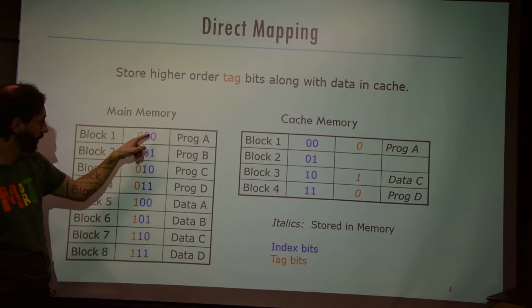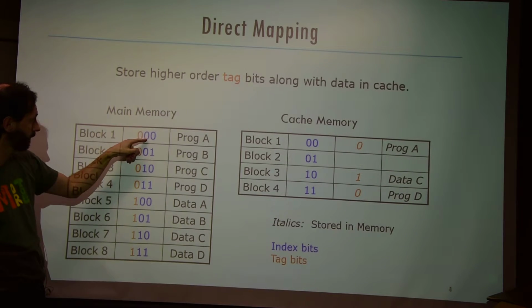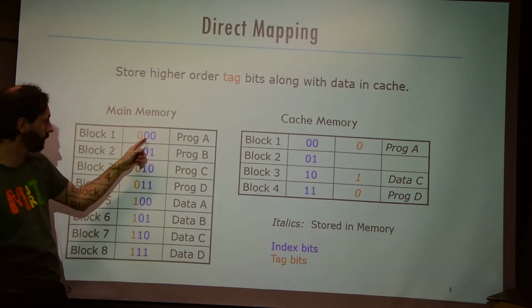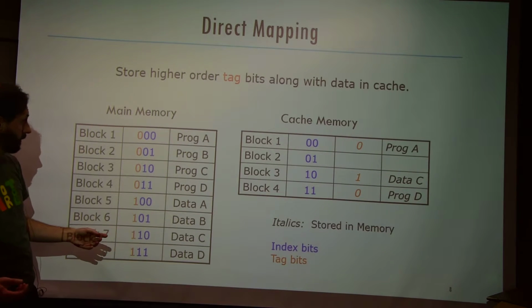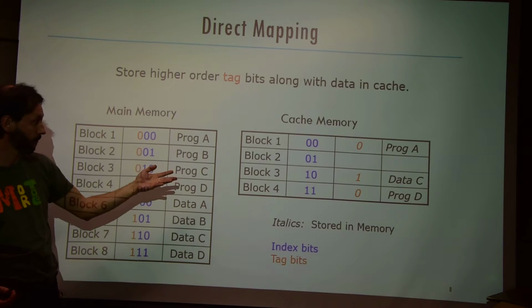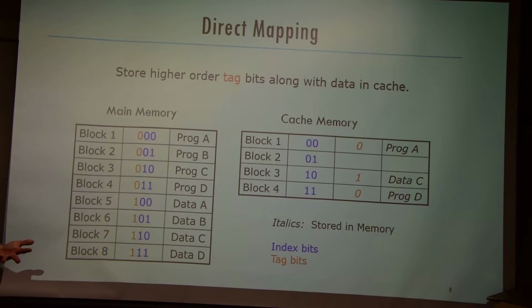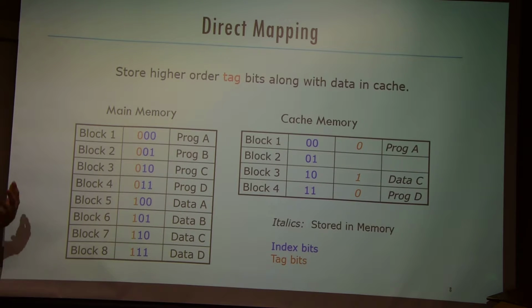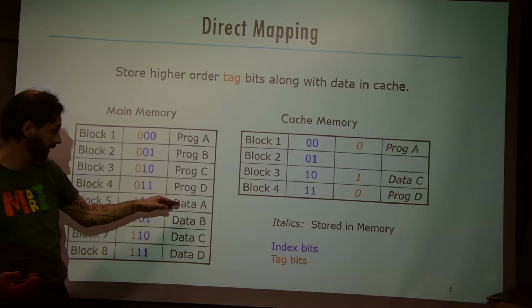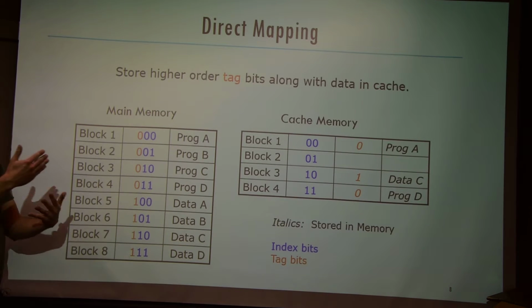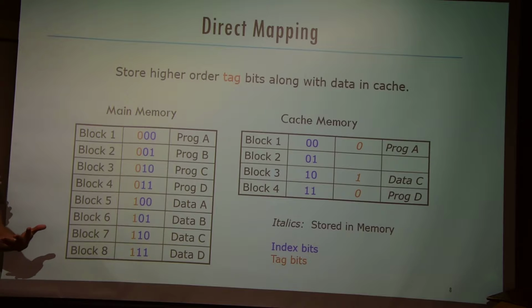This particular program A item that corresponds to this address cannot be stored over here because 01 is not equal to 00. So program A can only be stored in block 1, and also data A can be stored in block 1, so that can lead to contention. If I'm interested in having both of these items in my computation, so some variable here and some other data here, then I need to evict one for the other all the time, and that is expensive. So that's how direct mapping works.